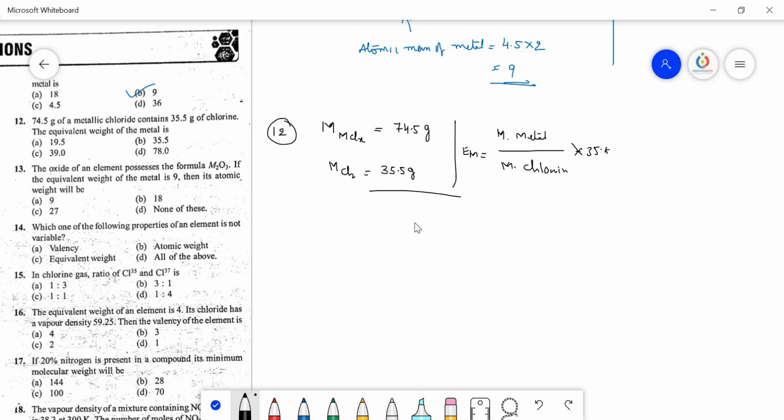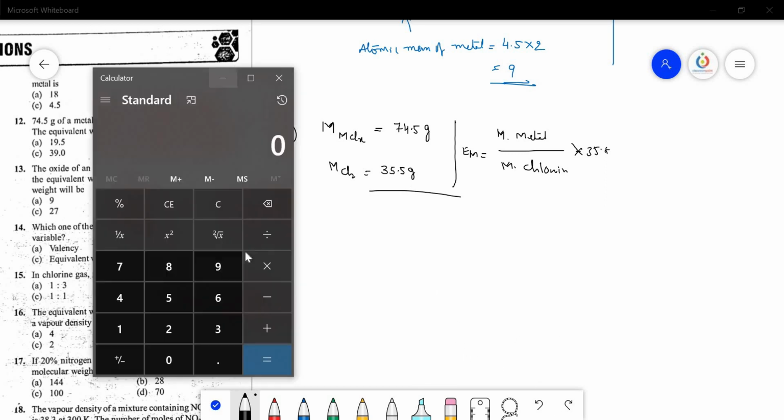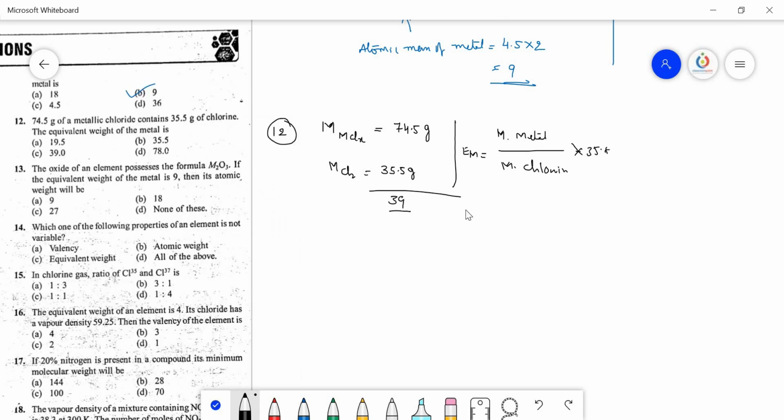So here I have to subtract: 74.5 minus 35.5 equals 39. So the mass of the metal is 39. Then equivalent mass equals 39 divided by 35.5, into 35.5, so it cancels out. The equivalent mass of the metal is 39. Option C is correct.